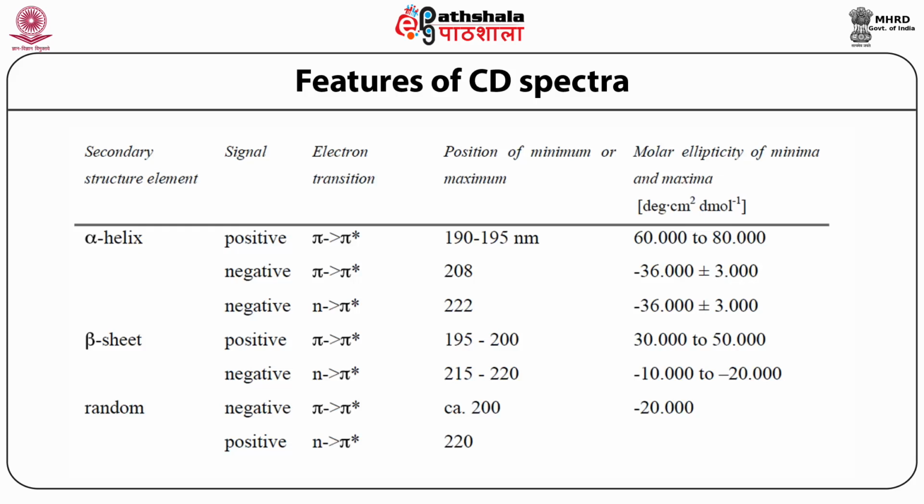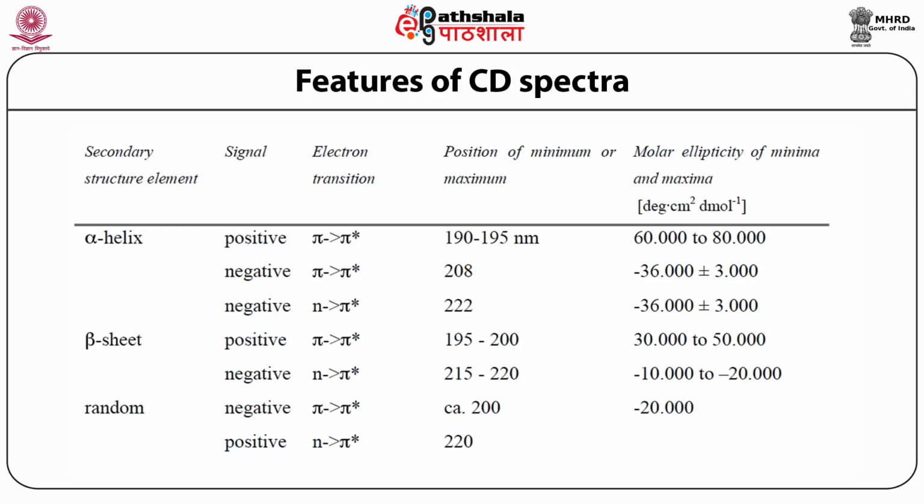Molar ellipticity maxima ranges from 60,000 to 80,000, and the negative value is the pi to pi transition at position 208 nanometer, giving 36,000 plus minus 3,000. The negative n to pi transition is at 222 nanometer, again giving minus 36,000 plus minus 3,000.